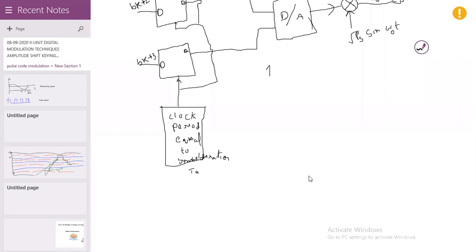Before going to discuss the receiver block diagram, what is the bandwidth of this signal?